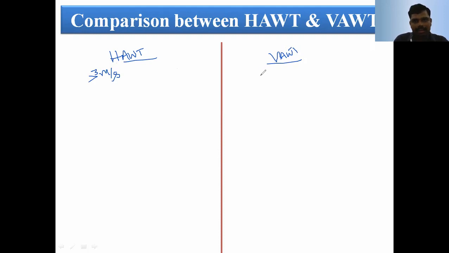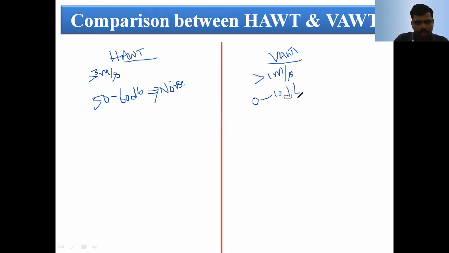But in the vertical axis windmill, the starting wind speed is very low, less than 1 meter per second. Here, the noise is 50 to 60 decibels in the horizontal axis windmill. But in the vertical axis windmill, the noise is 0 to 10 decibels.